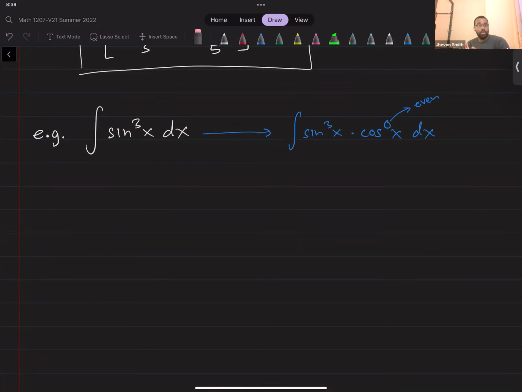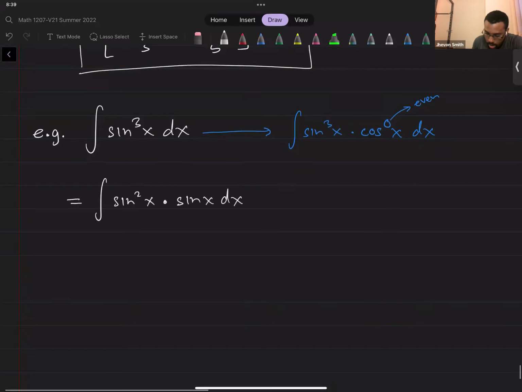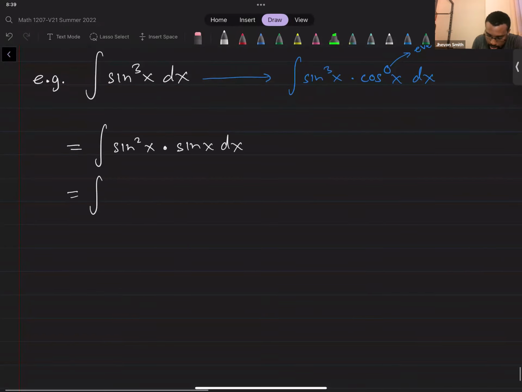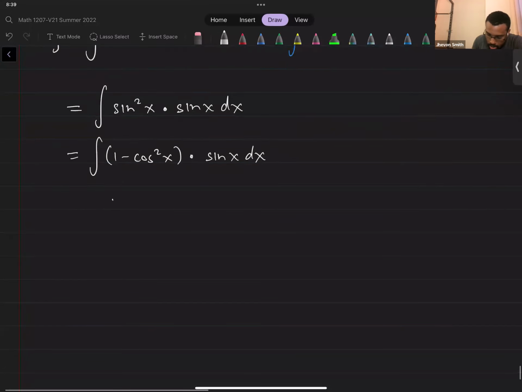So again, you have an even power of cosine, so you do the same strategy. You save a factor of the sine. Change all remaining sines to cosines. Then do a u equals cosine. Your du is going to be the negative sine.